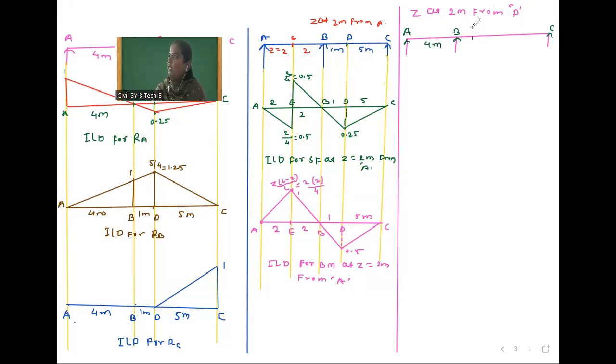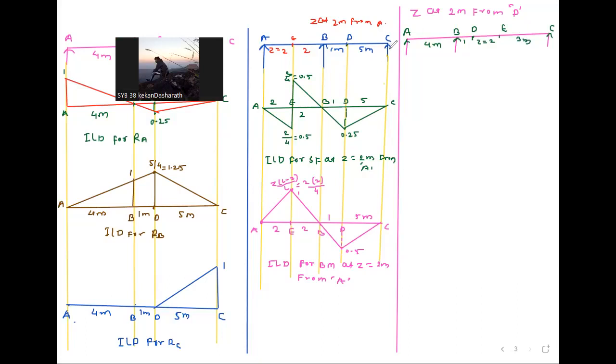From B to D the distance is 1 meter. And now we have located Z at 2 meter from this D. So we will locate the E point here, and this is Z, which is equal to 2. So what is the remaining distance? 3 meter. Okay, see here, the D to C span is 5 meter. Out of that we have taken 2 meter up to E and the remaining is 3 meter. So this is the case.